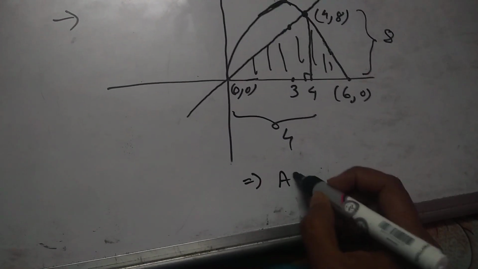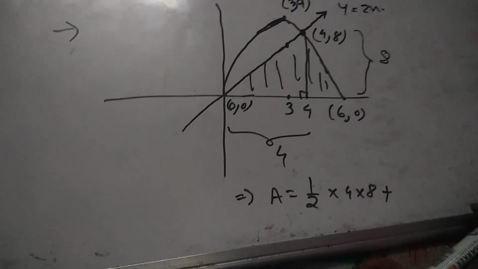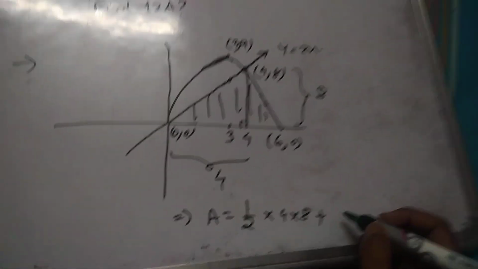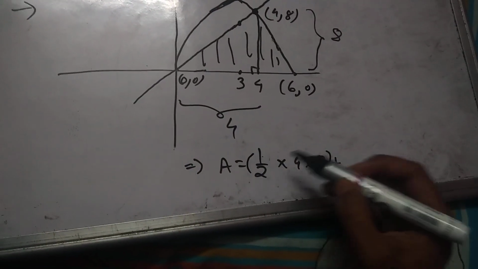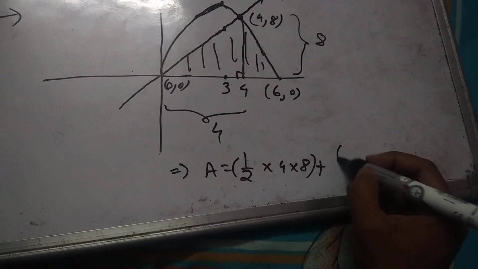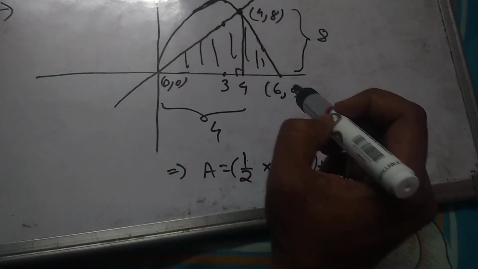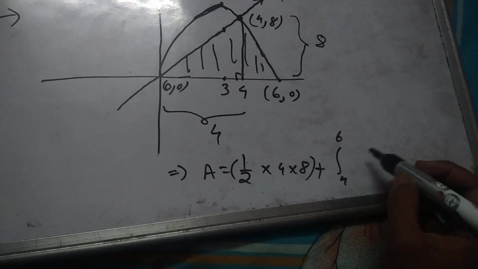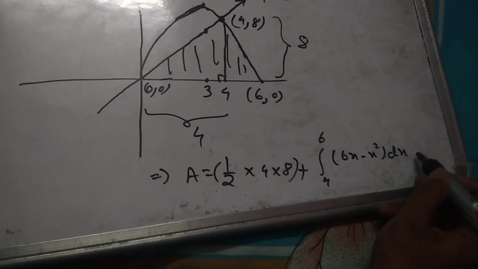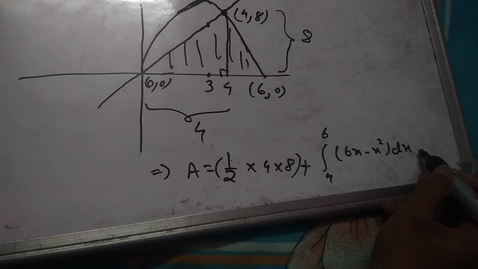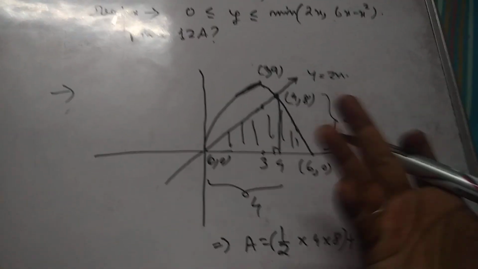This means that A is half of 4 into 8, right angle triangle, plus integration 4 to 6, this portion, which is nothing but 6x minus x square dx. So you can calculate it from here. Let's move to the next question.